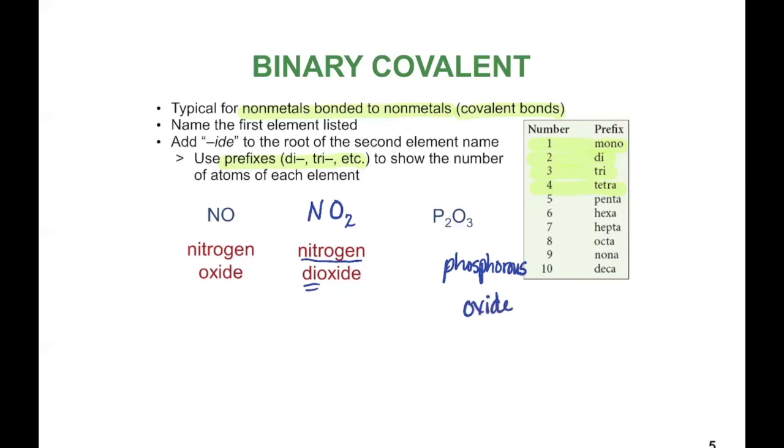And so now to put our prefixes in, phosphorus is di and oxygen is tri. So the full name for this compound is going to be diphosphorus trioxide. So this is when we have covalent bonds. We're going to use di, tri, tetra in order to indicate our subscripts.